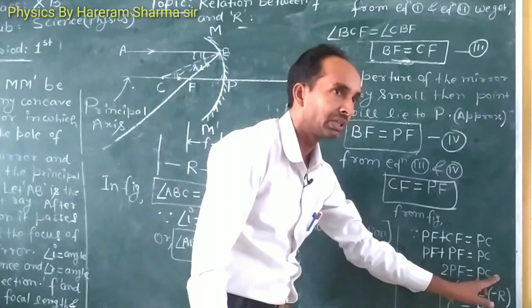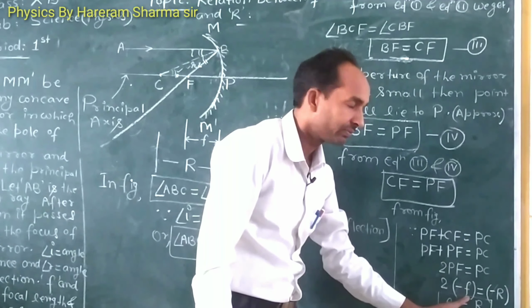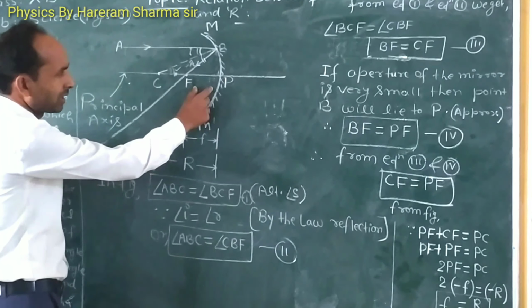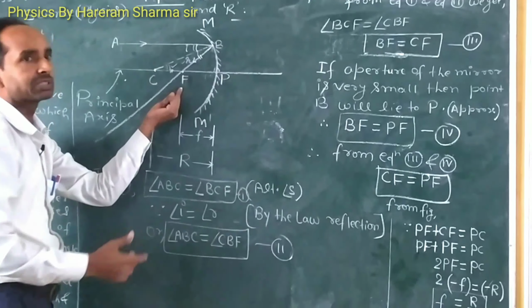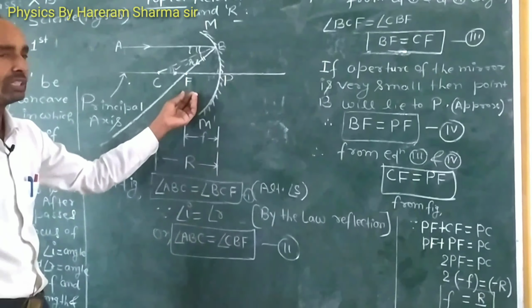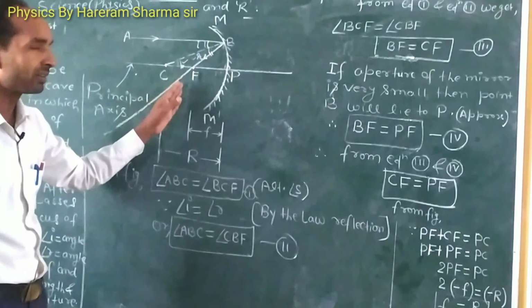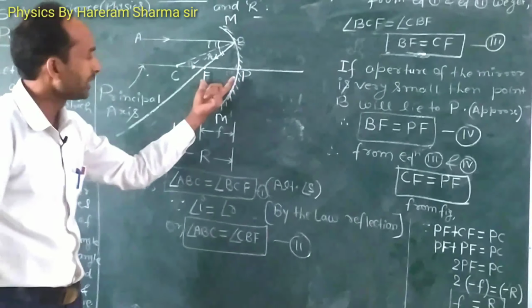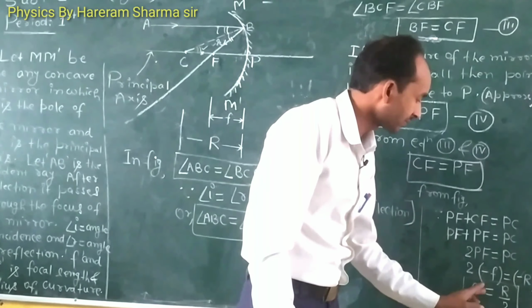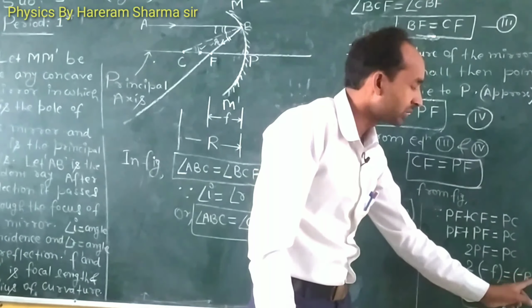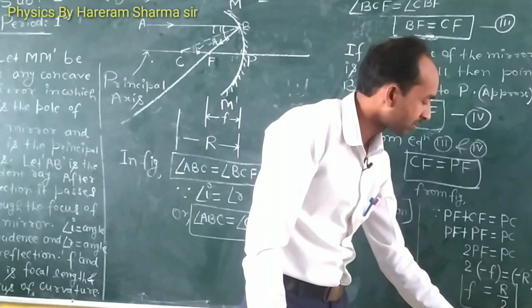Now by the sign convention of mirrors, all distances measured from the pole of the mirror on the left side are taken as negative, so the focal length of the concave mirror is negative. So PF is taken as minus F, and similarly PC is taken as minus R. Dividing both sides by minus 1, we get 2F equals R, that is F equals R by 2.